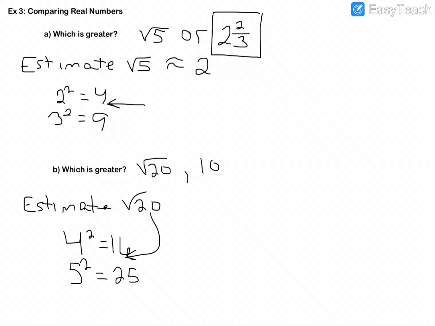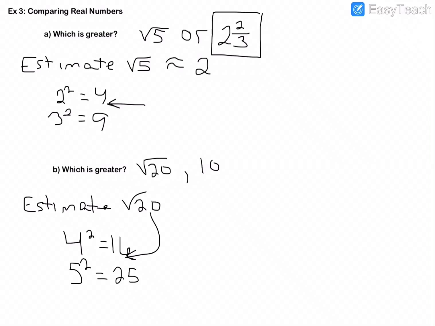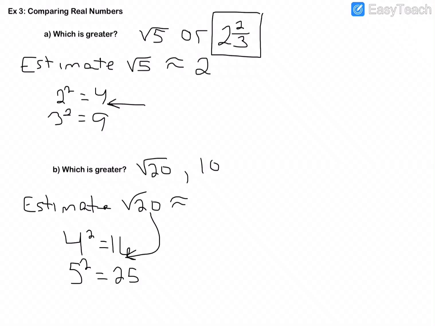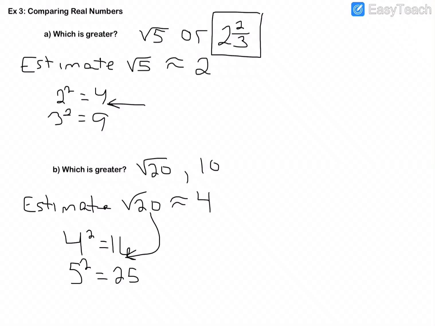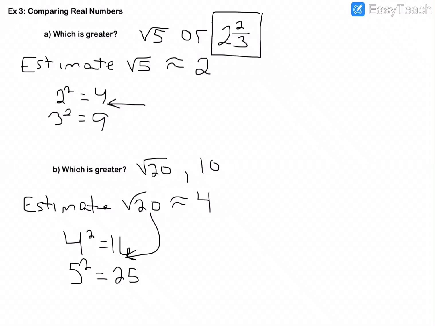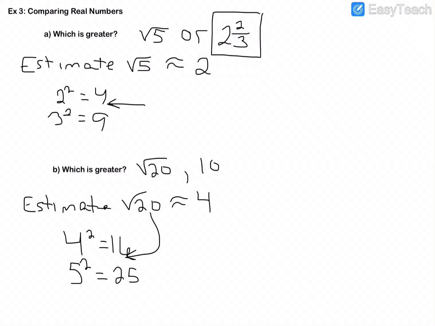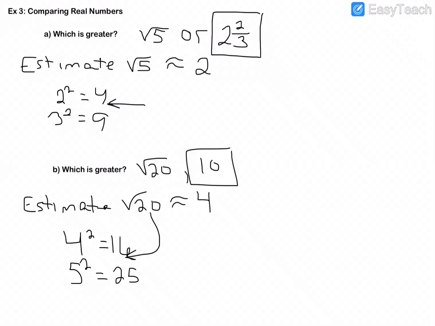Is it closer to 16 or is it closer to 25? It is closer to 16, so I'm going to say that it is approximately 4. So if we know that the square root of 20 is approximately 4, and then our other number is 10, which is greater? 10.